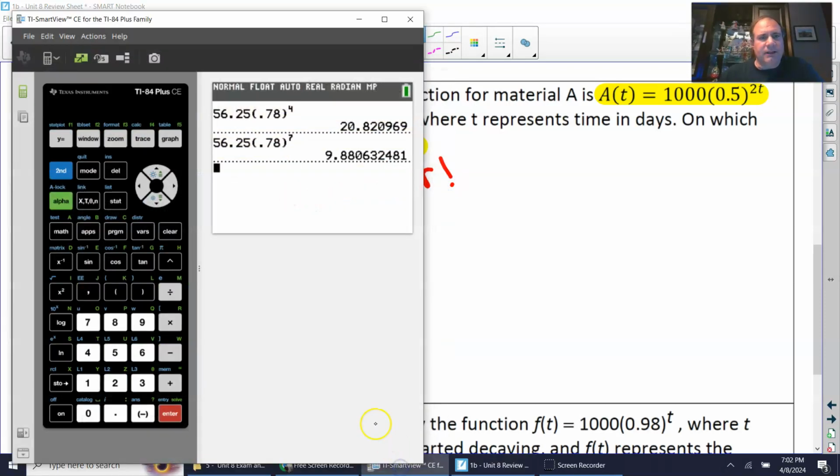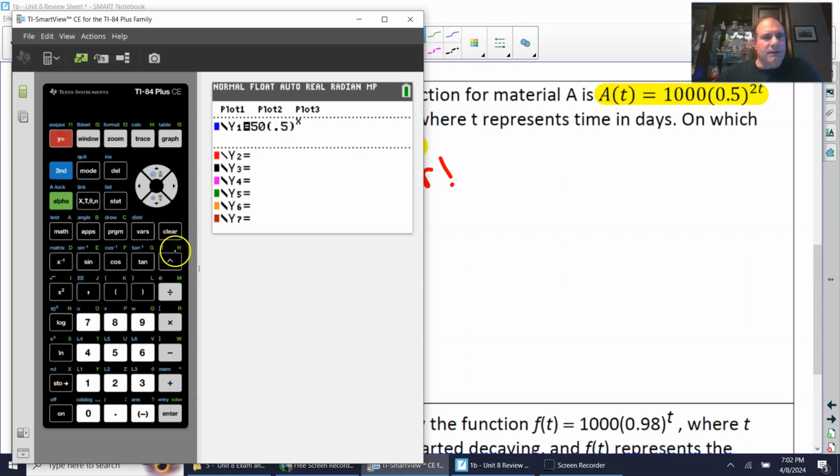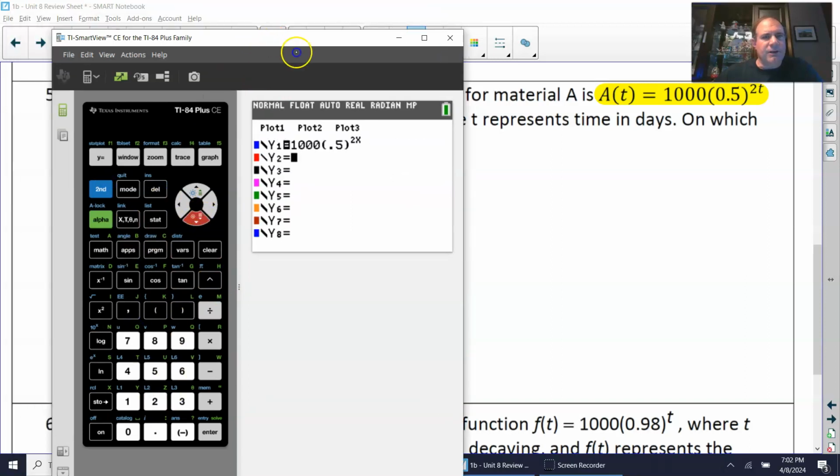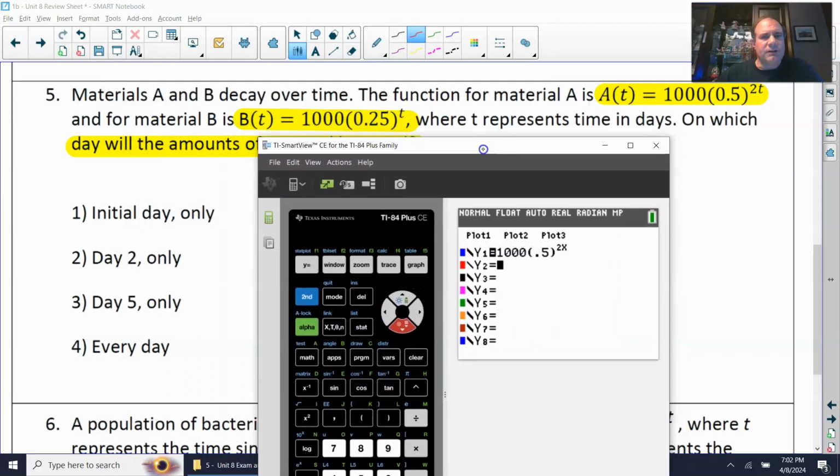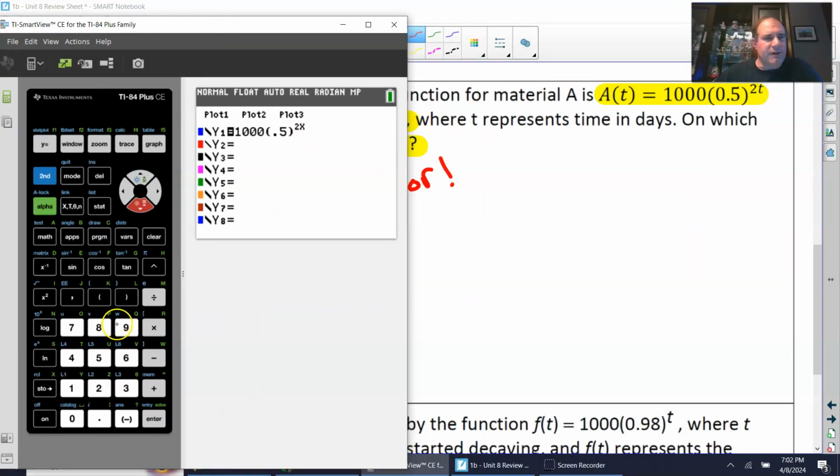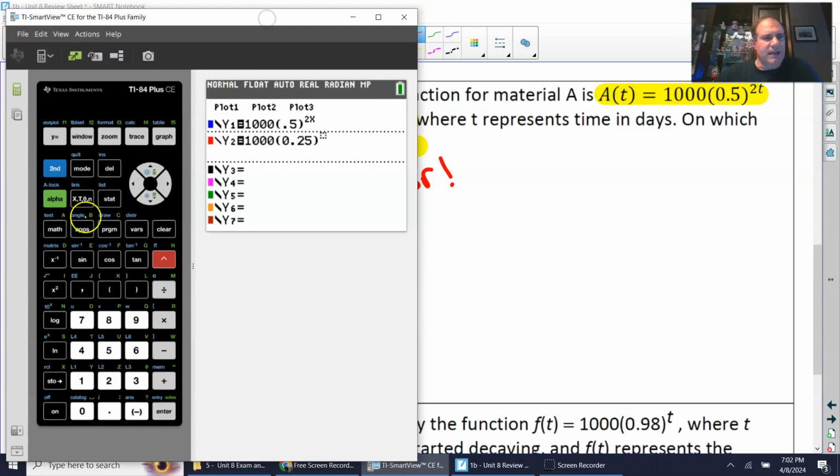Grab that calculator and we are going to press Y1. Y1 is 1,000 times 0.5 to the 2t, 2x. Then we put the other one into Y2: 1,000 times 0.25 to the t power, which is x.